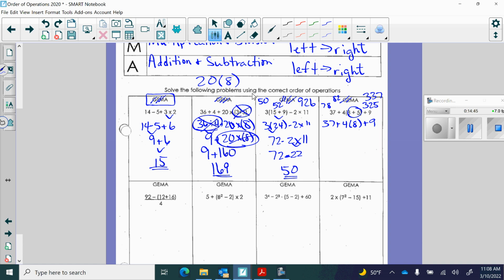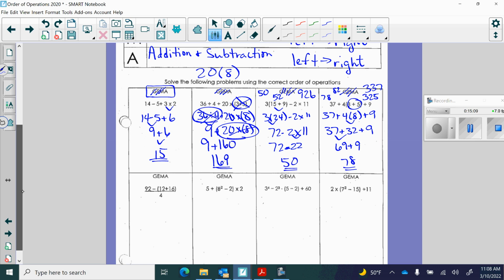No. So multiplication, division, I've got the one here in the middle. 37 plus 32 plus 9. No more multiplication or division. Now I just go left to right. 37 plus 32 gets us 69. Plus 9 gives us 78. I was right. Okay?